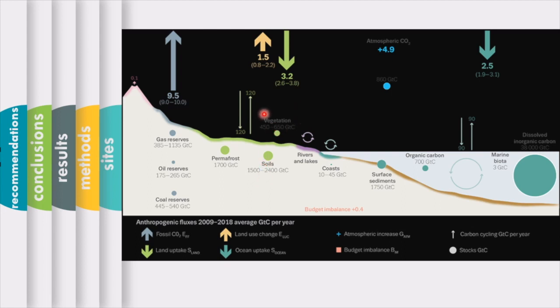If you compare that to what is stored in aboveground vegetation, you can see the immense difference in the magnitude of the storage potential of these two different carbon sinks. As such, soils are very important as sinks or as sources of greenhouse gases, depending on different land uses or also land use change.